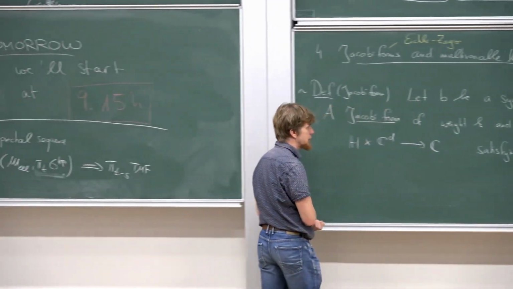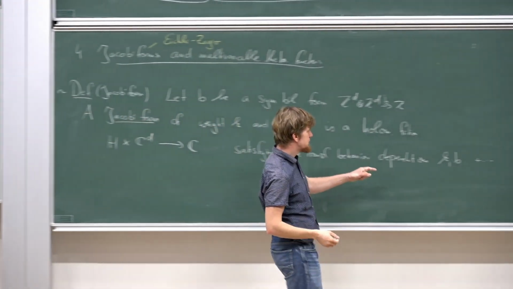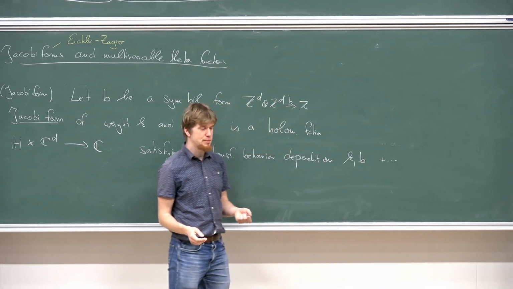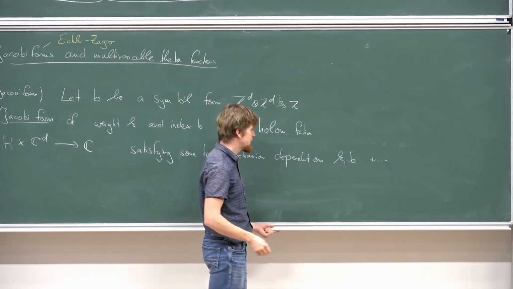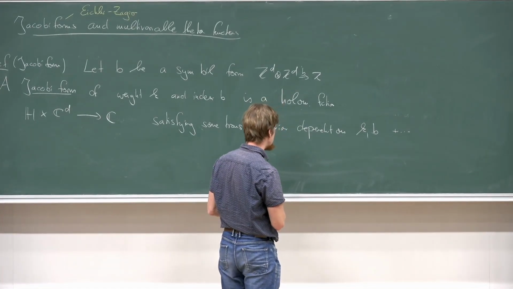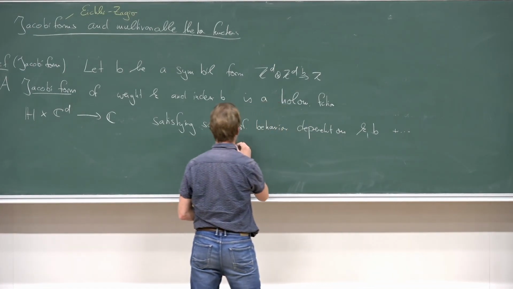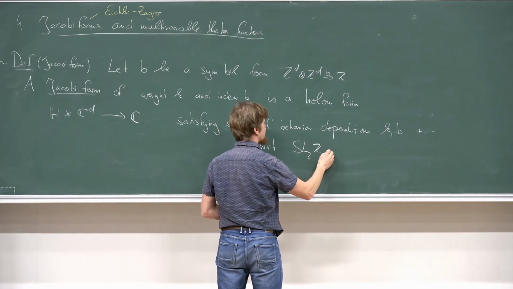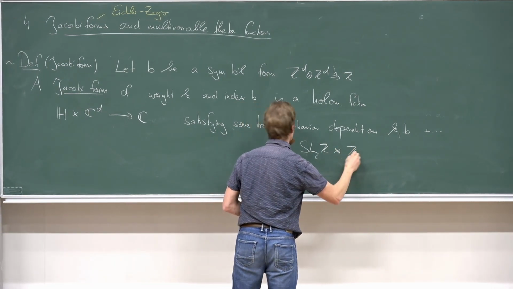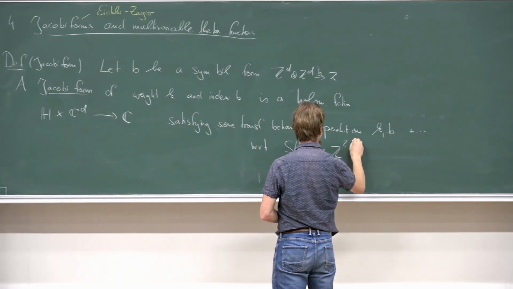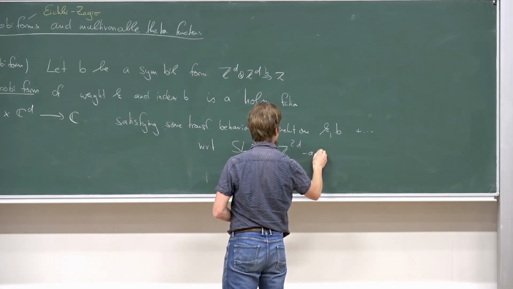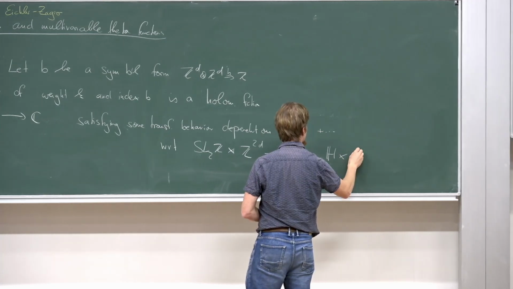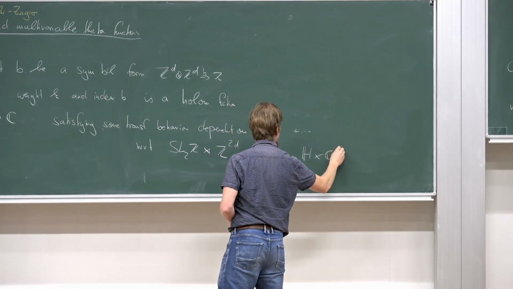Okay, I must say I cannot myself remember this exact transformation behavior. It's a little bit complicated, but I should say with respect to which group: with respect to the action of SL2Z times Z to the 2D. So what is the action?